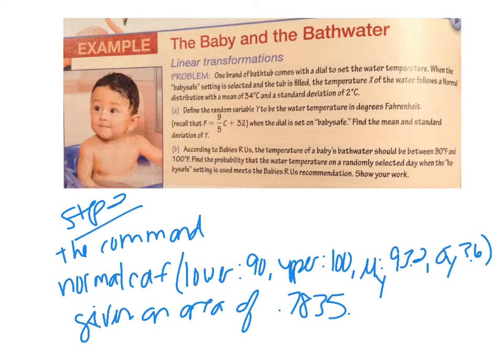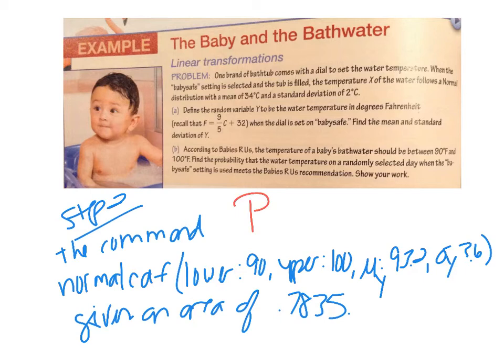The other way I could do that is with z-scores. I could calculate the z-score of 90 and 100: 90 minus 93.2 divided by the standard deviation, and likewise for 100. Let's change colors so we realize we're doing this a different way. You can do this whichever way you prefer.